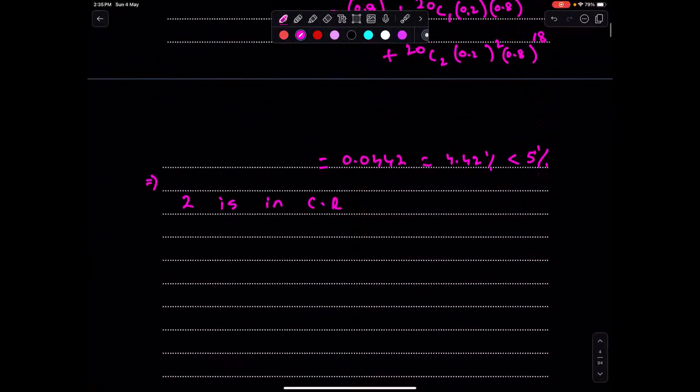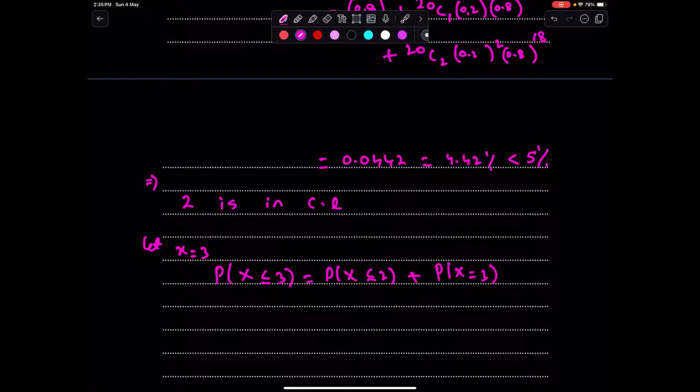Now let's try 3. So write this as x less than equal to 2 plus x is equal to 3, because we already have found this probability. It's 0.0442. Just find probability of 3, which is 20c3, p3, q17.